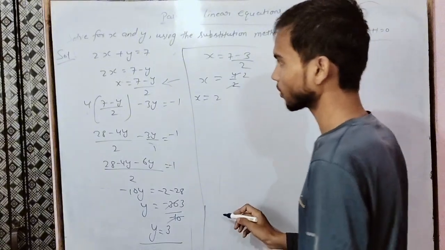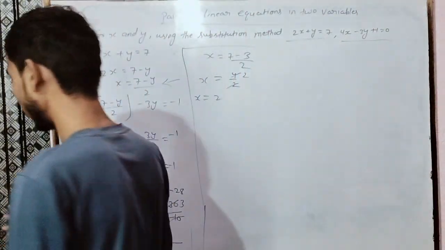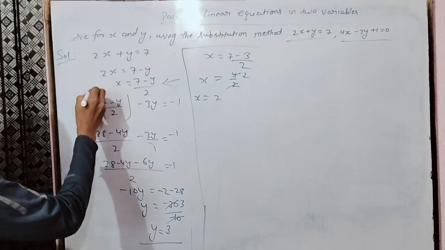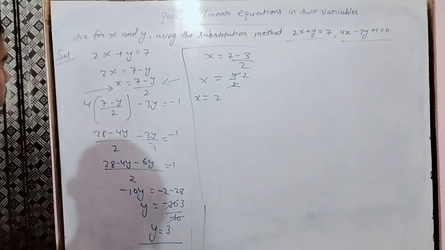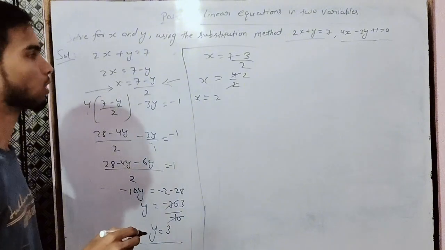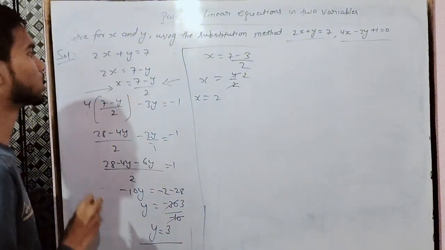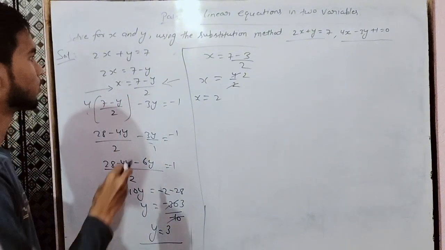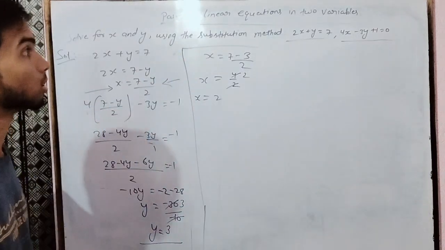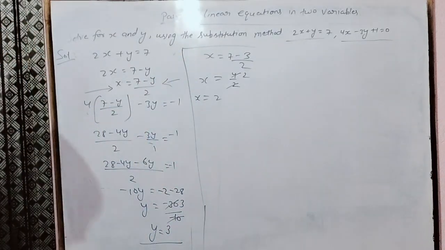That's all. So here, whatever we put as the value of one variable is the substitution method. So here we have applied the substitution method. We just found the value of one variable, then we put this in the second linear equation. That's how the substitution method works.